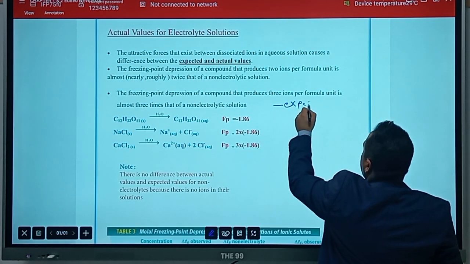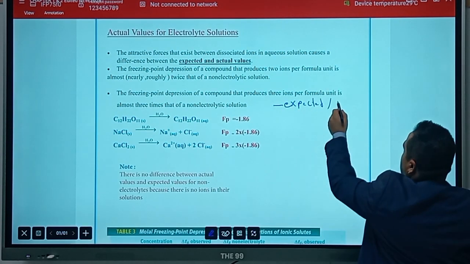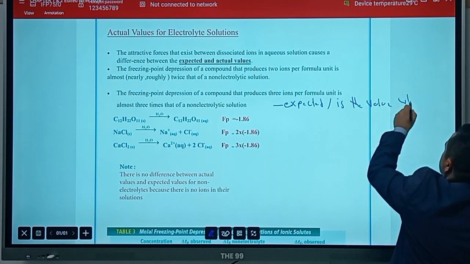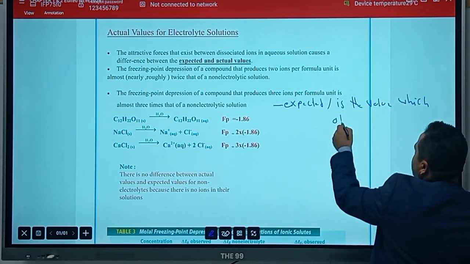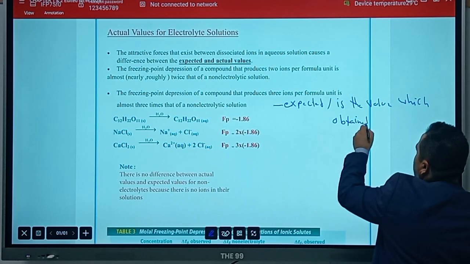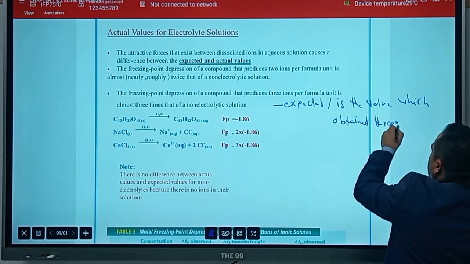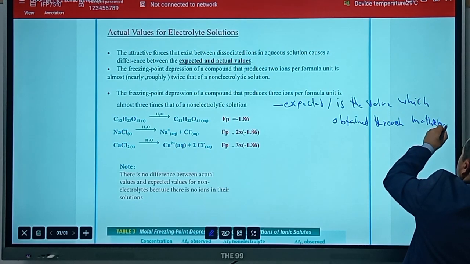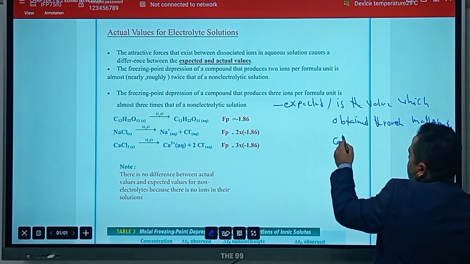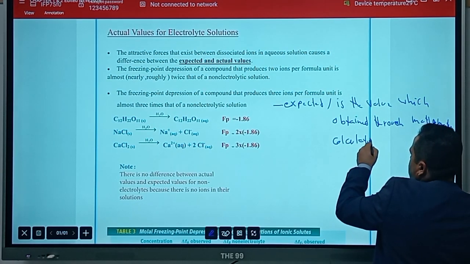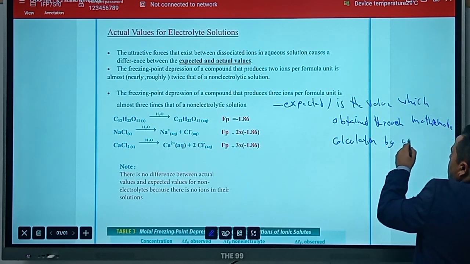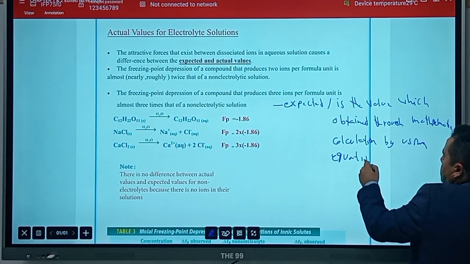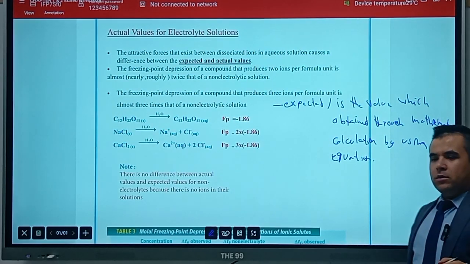The expected value, guys, is the value obtained through mathematical calculations by using equations. It's not experimental.